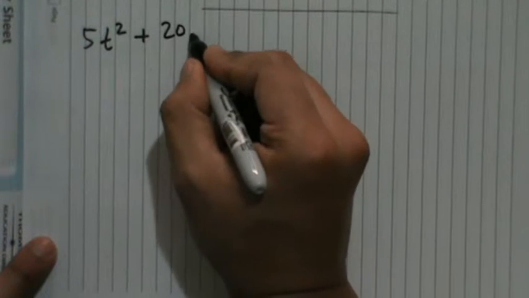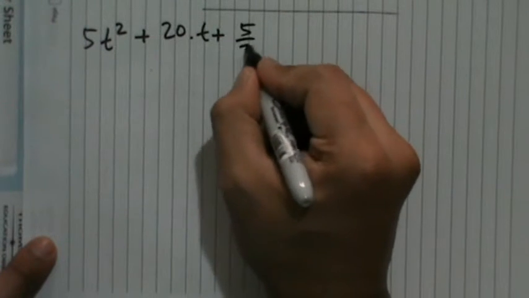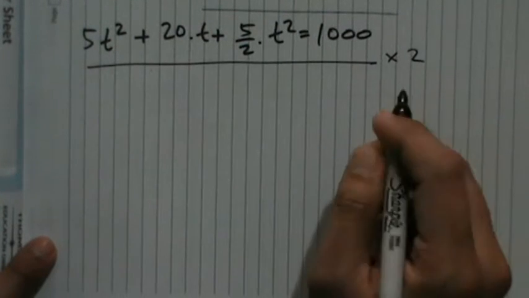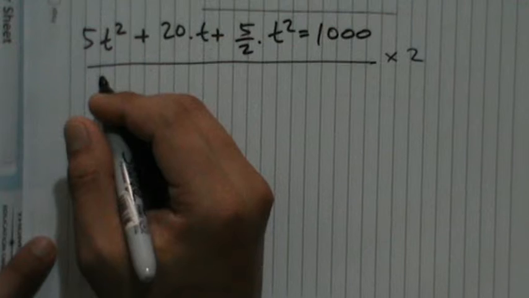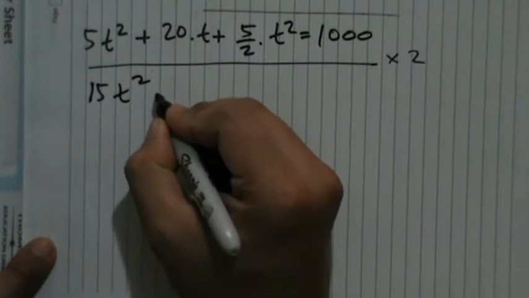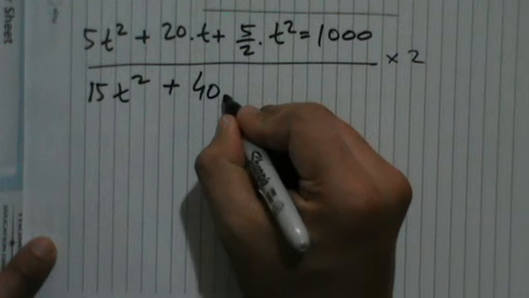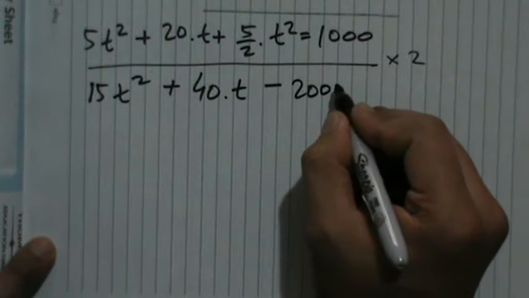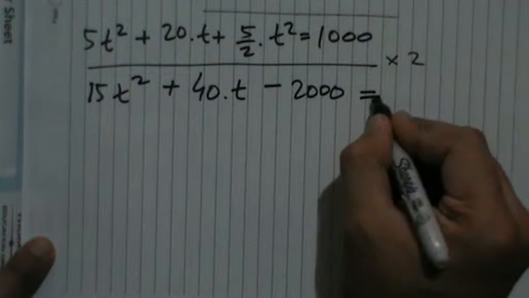We get an equation 5 times t square plus 20 times t plus 2.5 t square is equal to 1000, and if we multiply by 2, we get 15 t squared plus 40 times t minus 2000 is equal to 0.